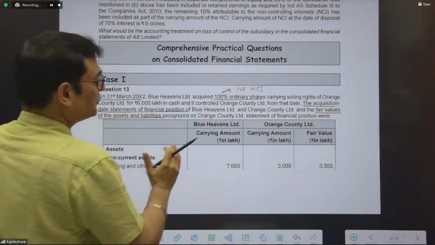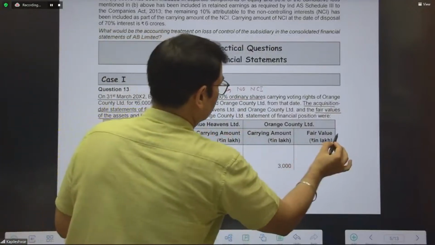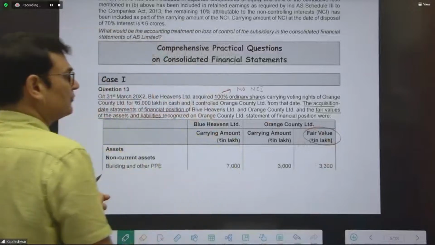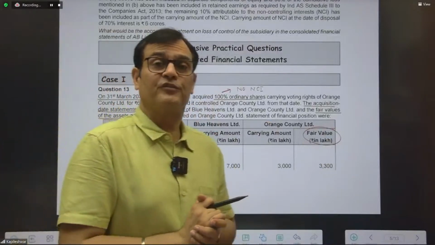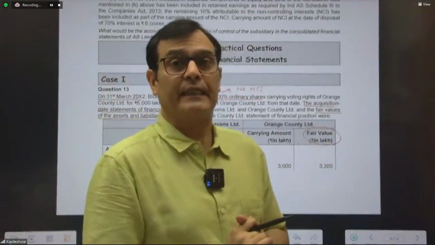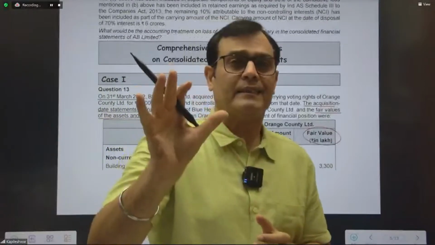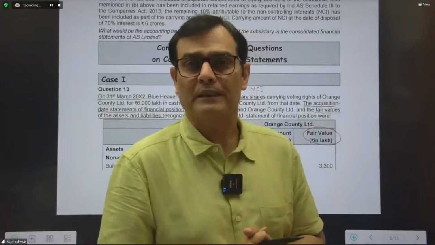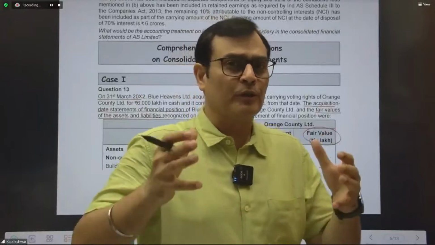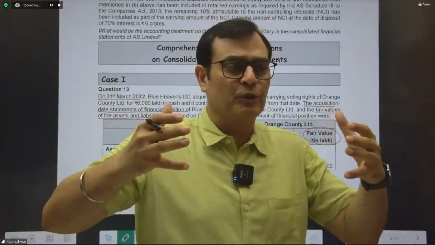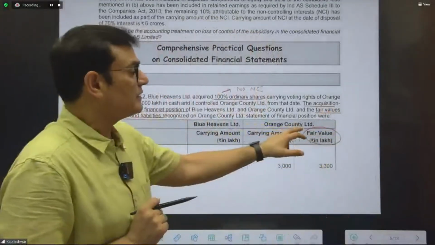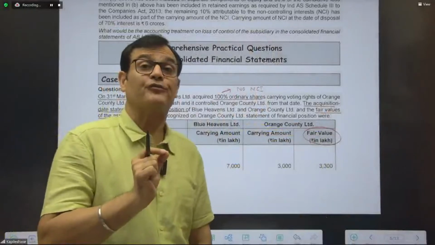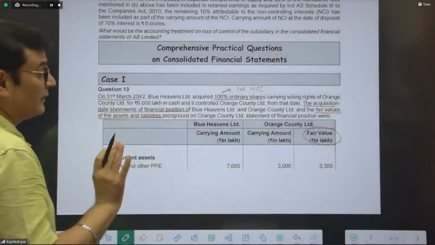Now you would remember in terms of Ind AS 103 that when you consider the acquisition accounting, the assets and liabilities are incorporated at fair value. So during the consolidation process, you need to aggregate the assets and liabilities, and those of the subsidiary are going to be taken at fair value. So this is going to impact some calculations.